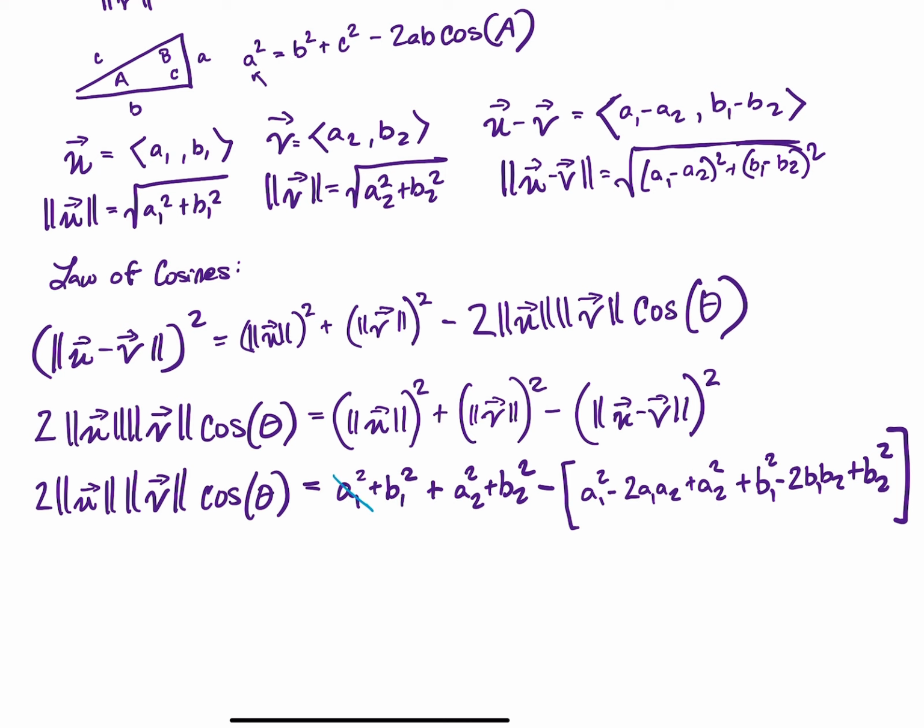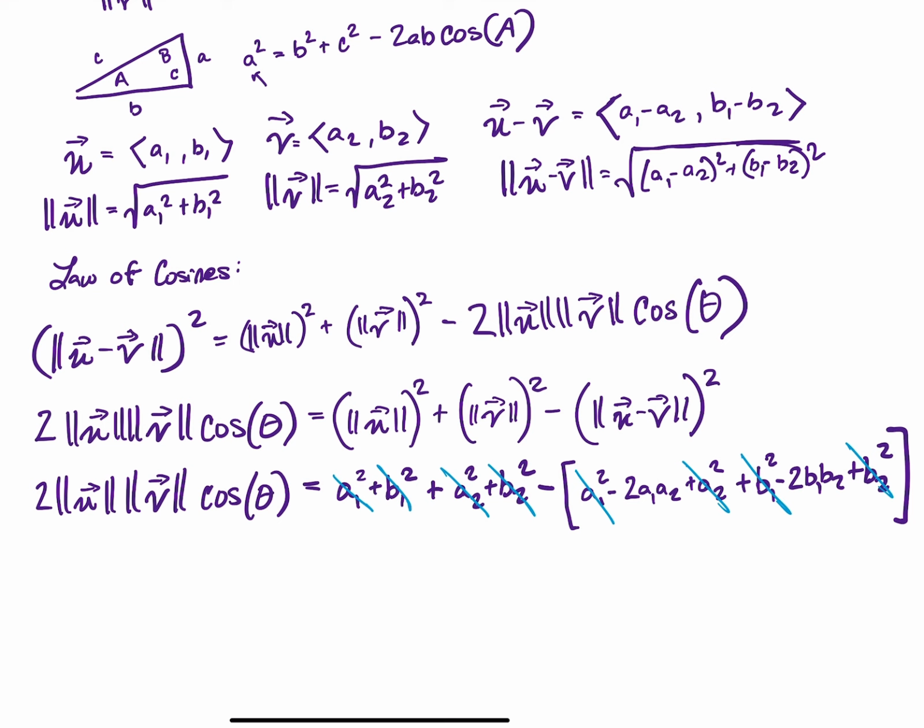We have a1 squared minus a1 squared, so those will cancel out. We would have b1 squared minus b1 squared after distributing that negative in. Then we have a2 squared, we'll get minus a2 squared, b2 squared minus b2 squared. So all that will be left inside this bracket is the minus 2a1a2 minus 2b1b2, and this negative will distribute, so it will make them both positive.